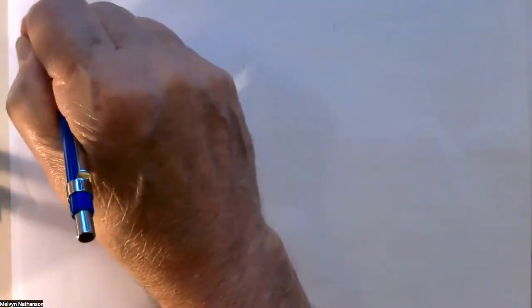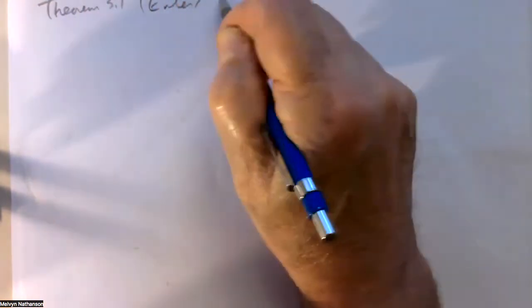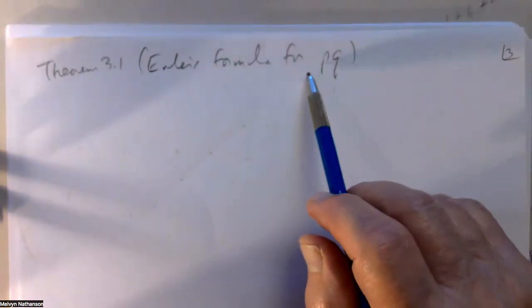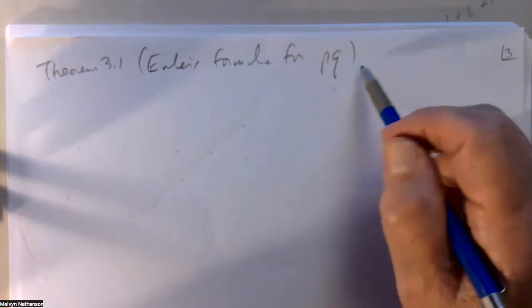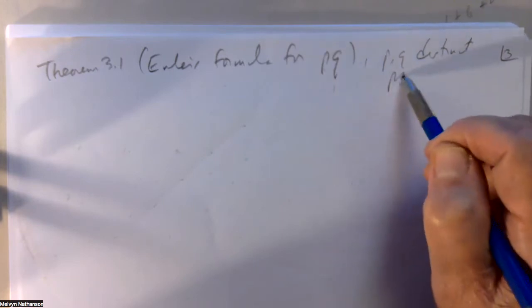So in the book, this is theorem 3.1, which is called Euler's theorem, Euler's formula, for pq. That means a number that is a product of two distinct primes, p and q. So p and q, distinct prime numbers.